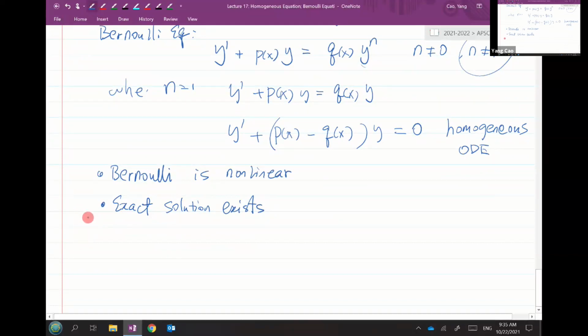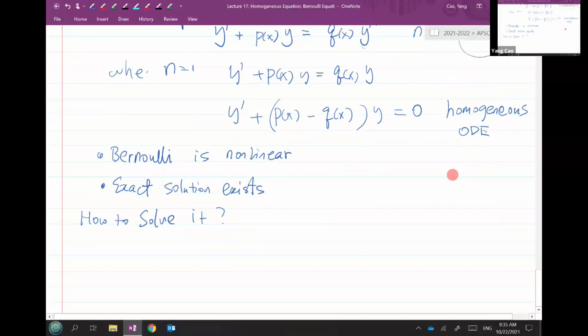Okay, so the question is, how do we solve it? Here's a proper approach to solve this type of Bernoulli equation. I'll write down the steps here.